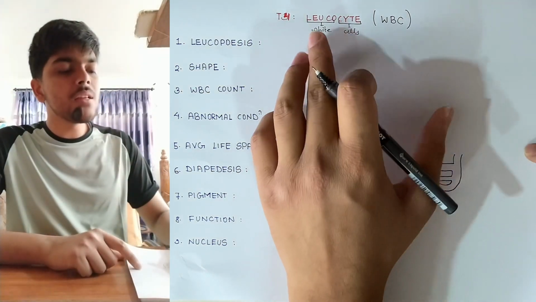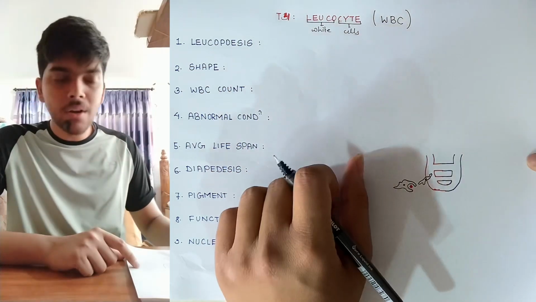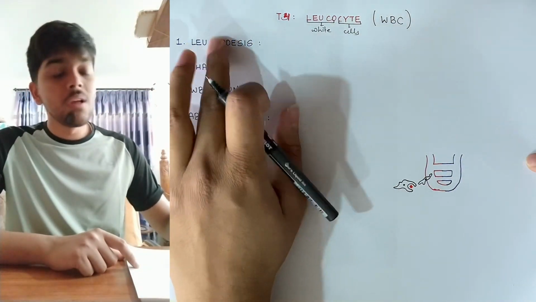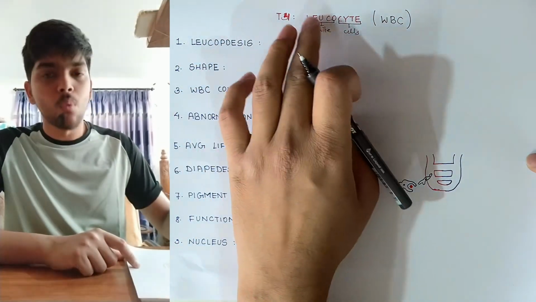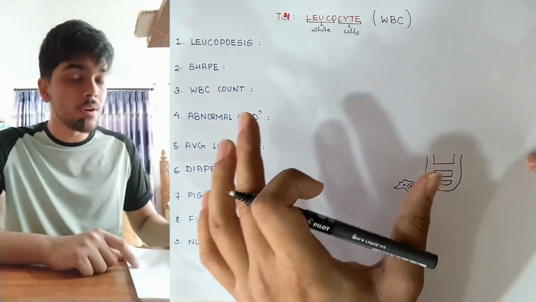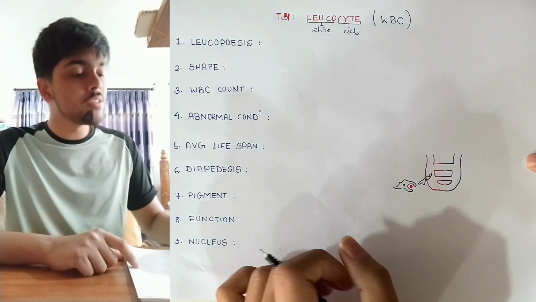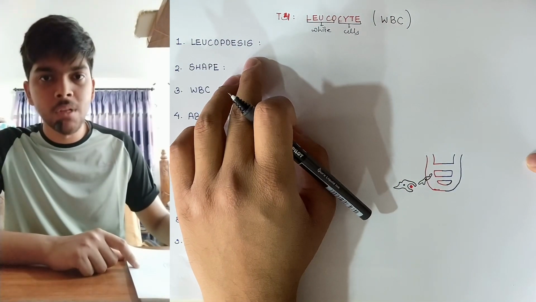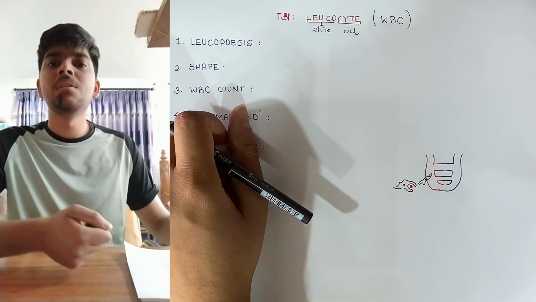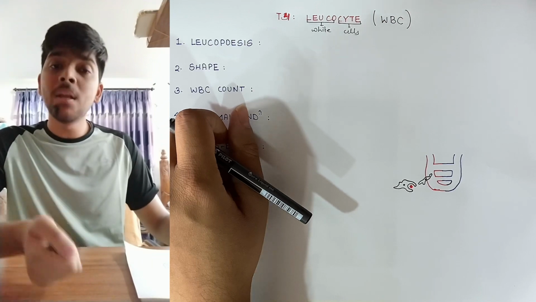So the formation of leukocyte in the human body is known as leukopoiesis. Leuko is referring to the white blood cell, and poiesis means formation. Obviously, leukopoiesis takes place from leukopoietic tissue, or the tissue that gives rise to white blood cells.